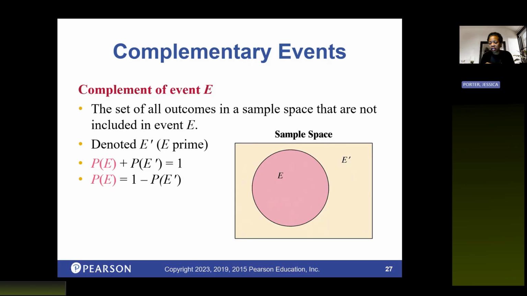So that means the probability of the event is just 1 minus the probability of its complement. And the probability of the complement is equal to 1 minus the probability of the event. So we're just basically doing math, subtracting the probability of the event from 1, or the probability of the complement from 1, just to get the other value.